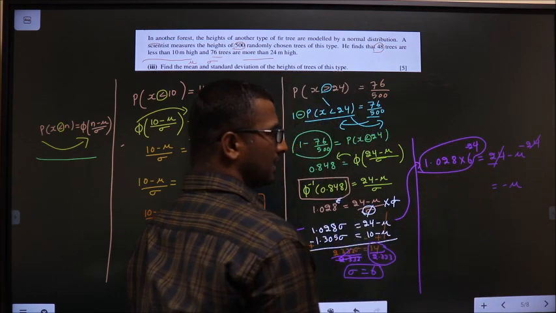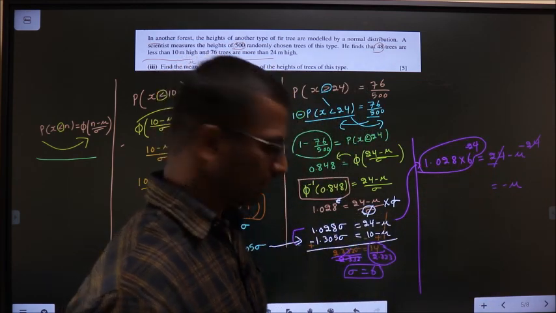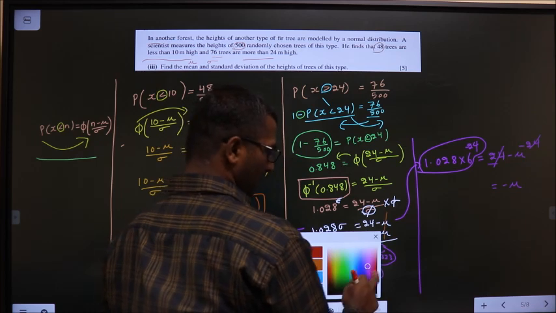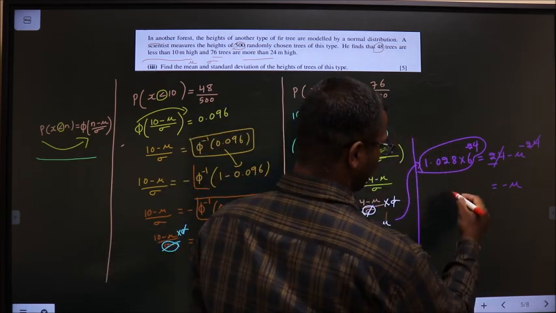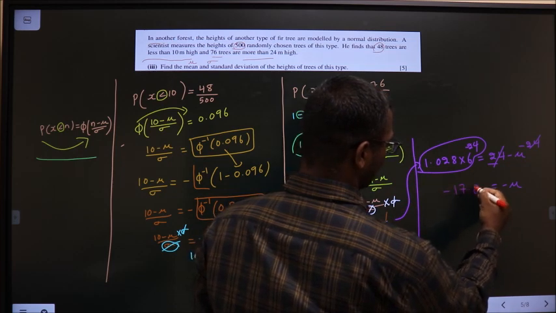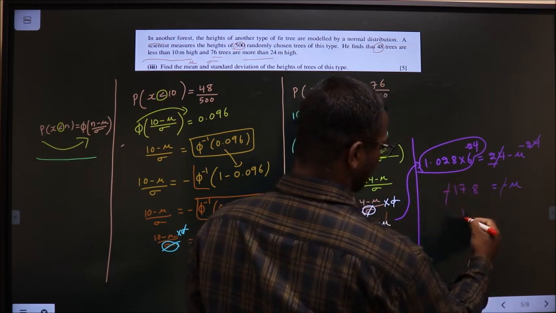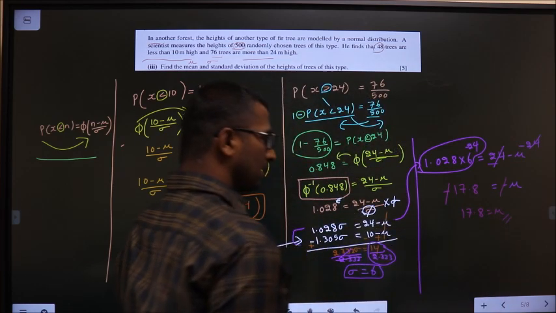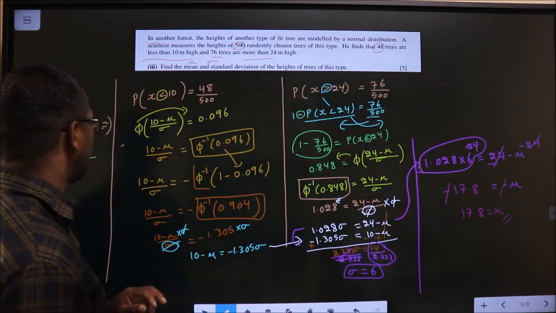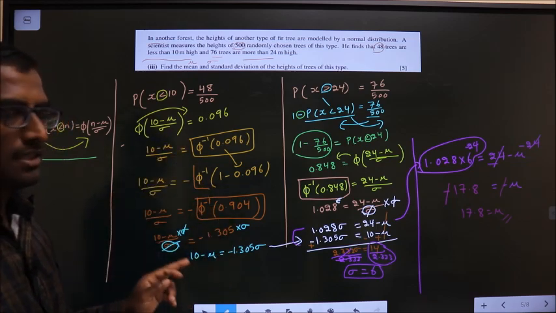Put this entire thing at once in the calculator. You get the answer to be minus 17.8. Cancel the negative, you get 17.8 to be the mean. Thus we have found mean and standard deviation. Is the sum clear?